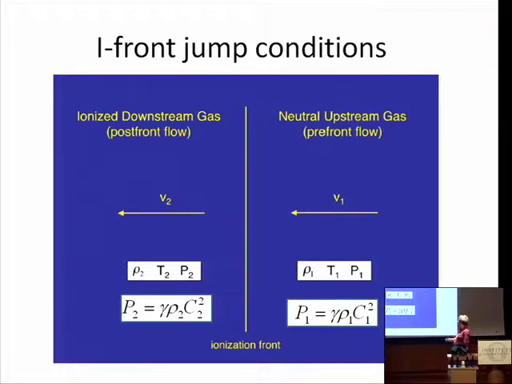Then at this I front, which is just a few photon mean-free paths, tiny on the scale of an H II region, you get ionization, and what comes out is a fully ionized flow. It has some post-front flow relative to the front of v2 and thermodynamic properties ρ2, T2, and P2. We can write the pressure in terms of the adiabatic sound speed, which is what's done here.